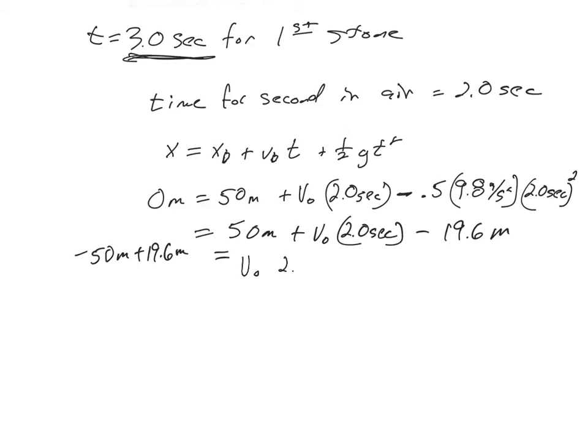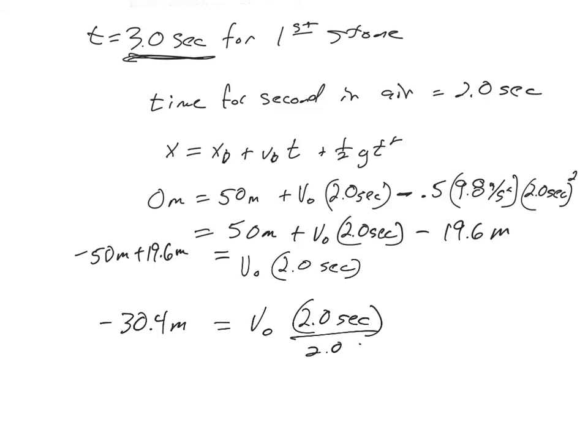To get v0 times 2.0 seconds, 19.6 minus 50 is negative 30.4 meters equals v0 times 2.0 seconds.